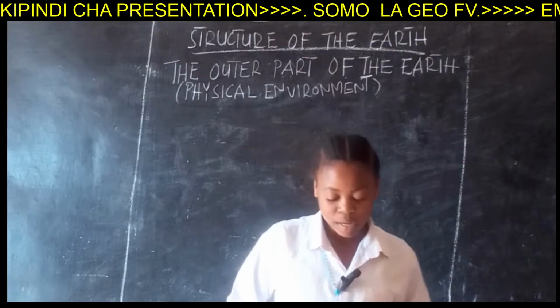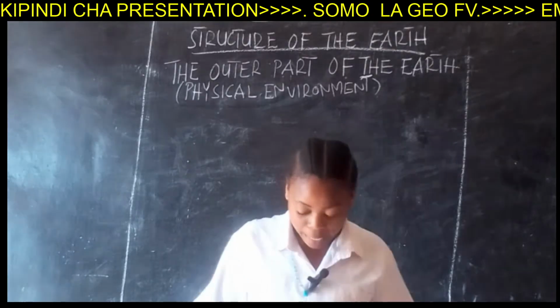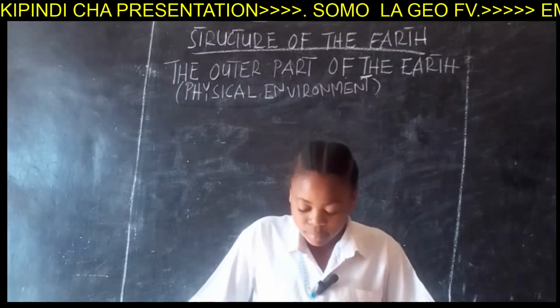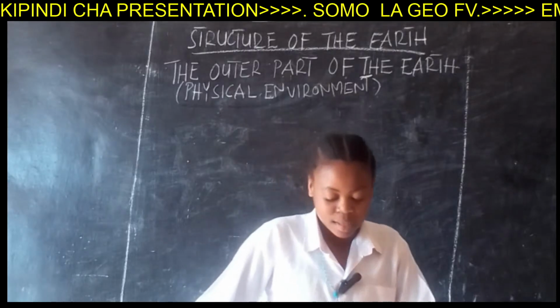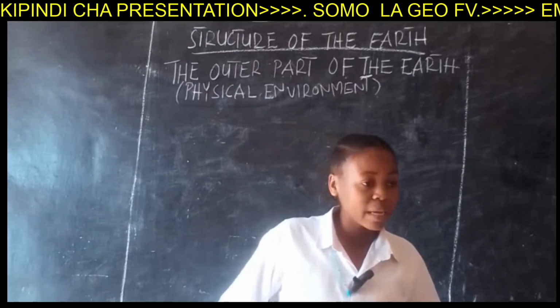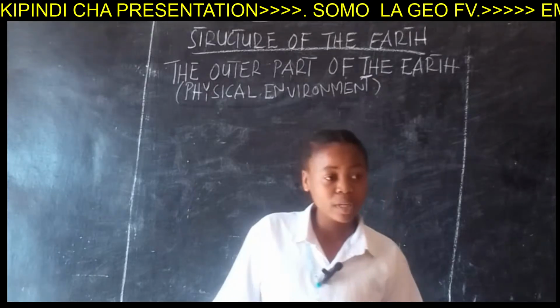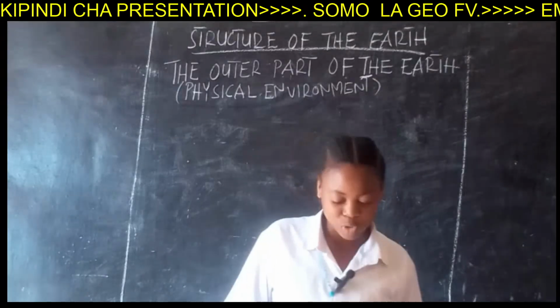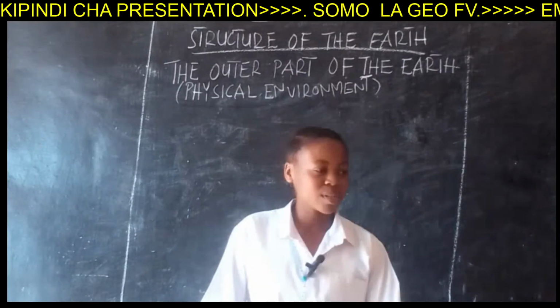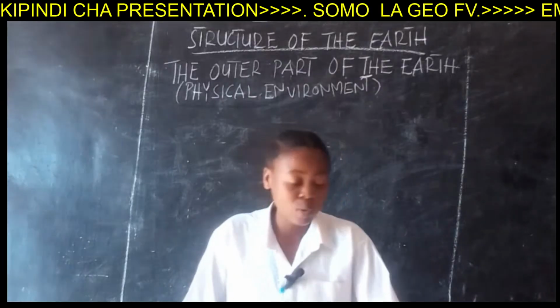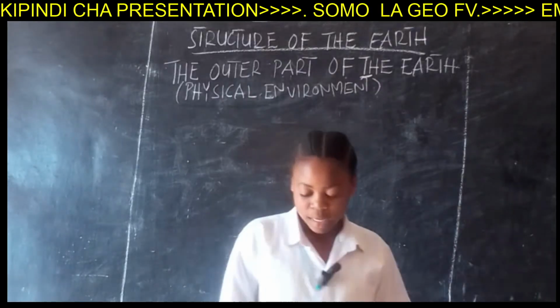The mantle and the core are separated by a layer called Gutenberg. The layer separating the core and the mantle, or mesosphere, is called Gutenberg.